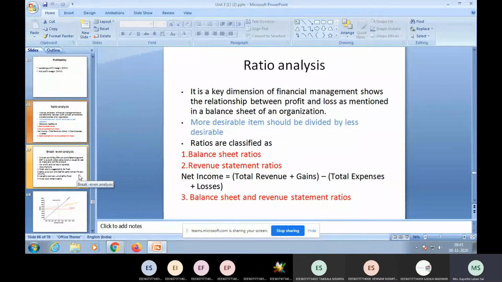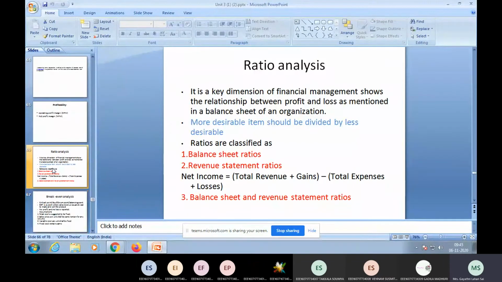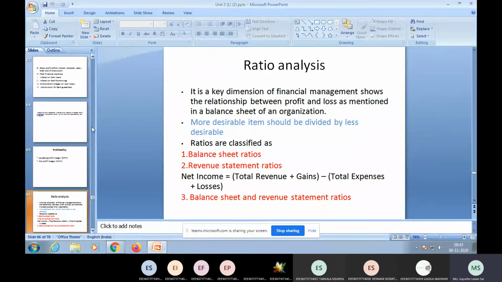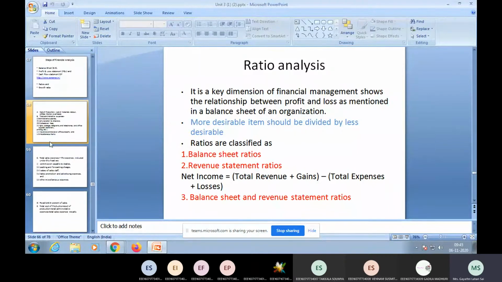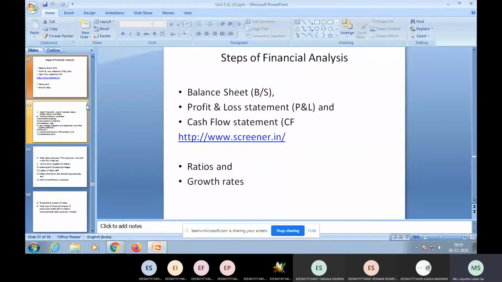Okay, right. So previously, in the previous session, we were discussing why we need a financial analysis. It will show you the financial nature or financial management in a company. One of the methods for financial analysis uses the three statements you maintain: balance sheet, profit and loss statement, and cash flow statement.